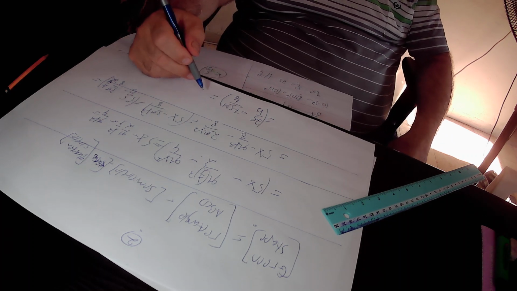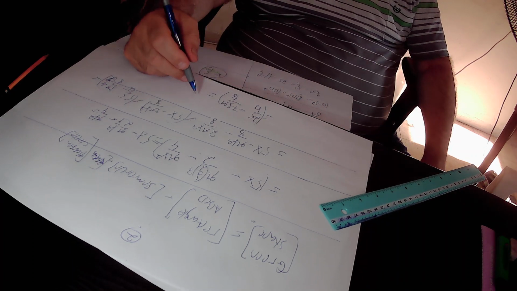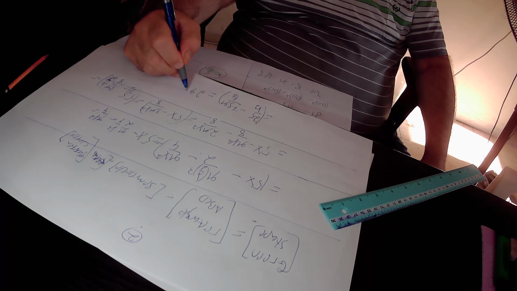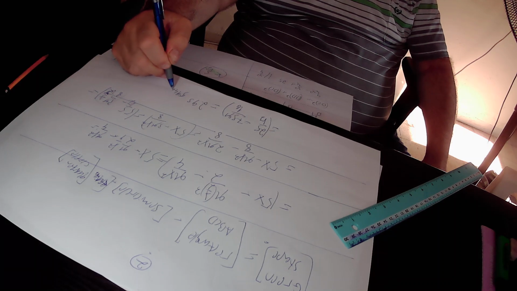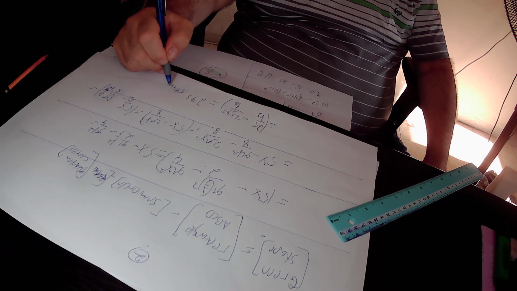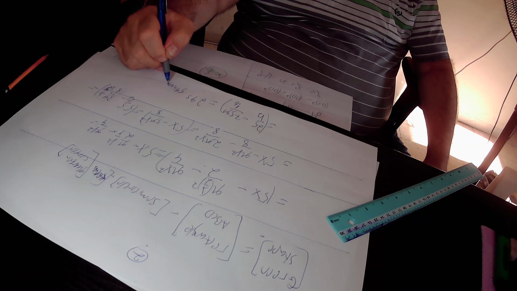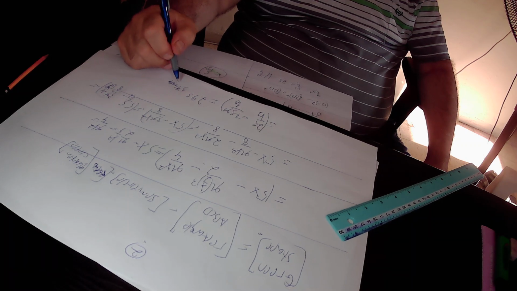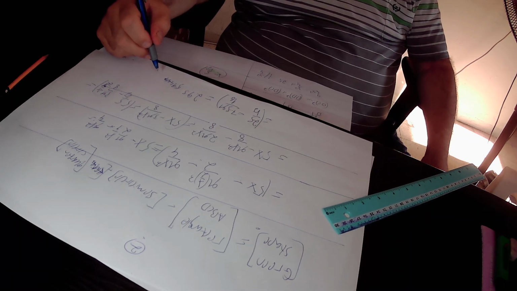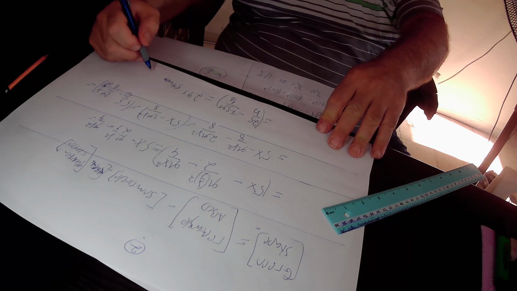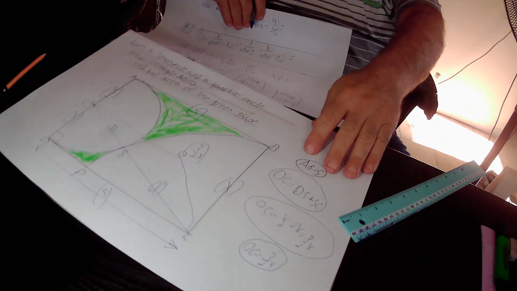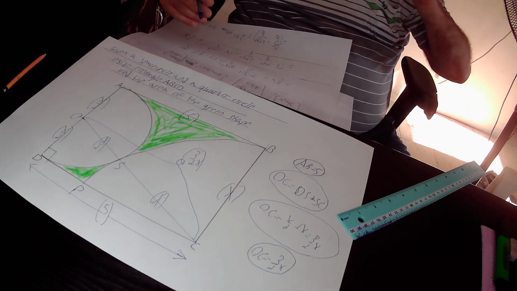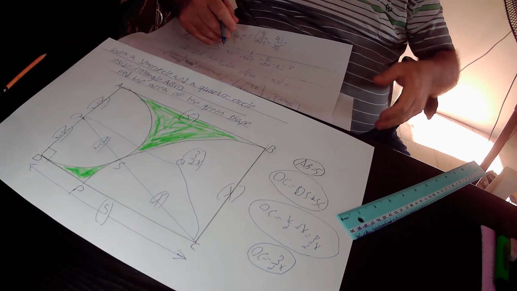In terms of numbers, the value of this expression is equal to 2.95 square units. Repeat again, we should find out that the area of this green shape equals 2.95 square units.